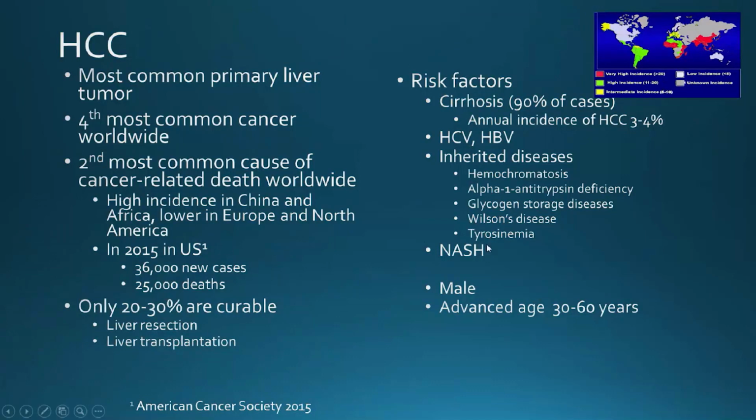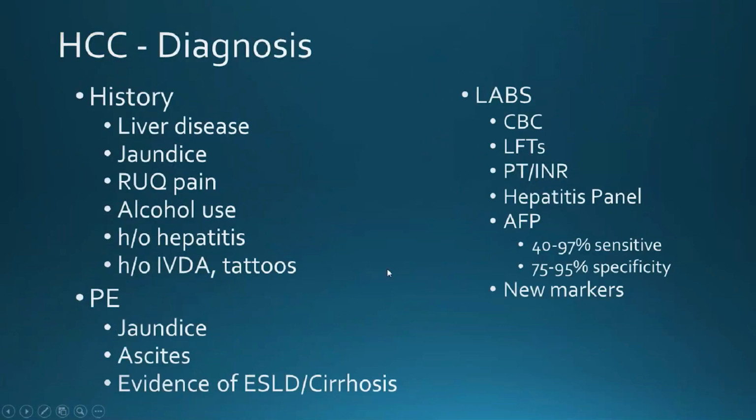These days, we see an outbreak and epidemic of NASH, non-alcoholic steatohepatitis, and cirrhosis due to fatty liver, which also increases risk of hepatocellular carcinoma. And we do see more and more patients with hepatocellular carcinoma in this group of cirrhotic patients that come to us, at least for transplantation. It's more common in the male population and also in advanced stages, 30 to 60 years of age.